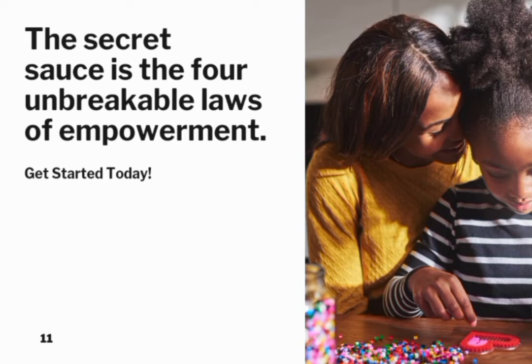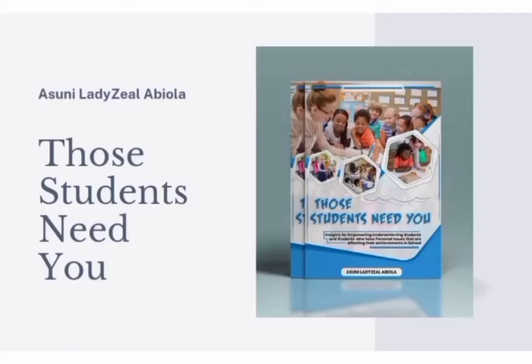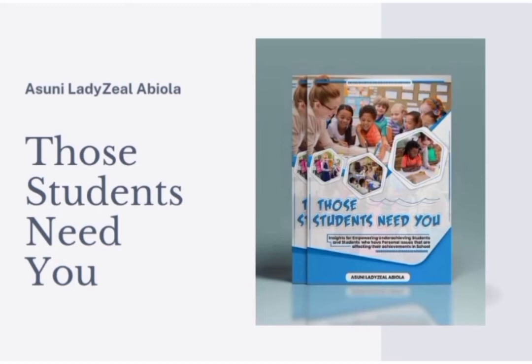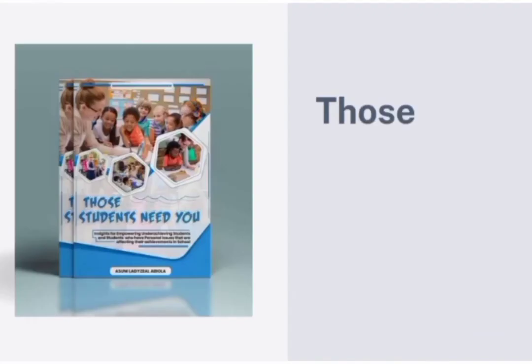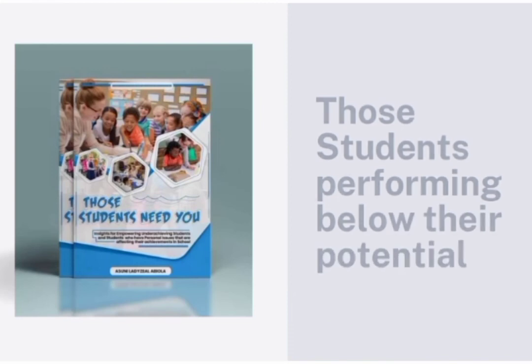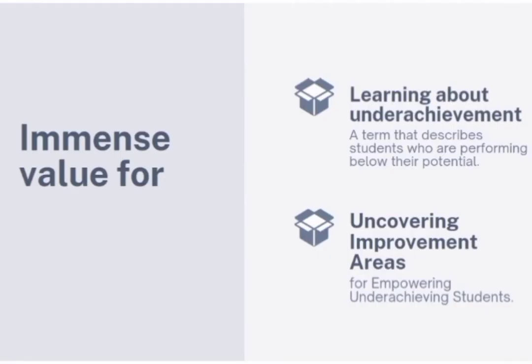You can learn it by taking one of our courses, or by getting one of our books. The book is called Those Students Need You. It is a book for empowering students performing below their potential. You will learn about a term called underachievement, which describes students who are performing below their potential.